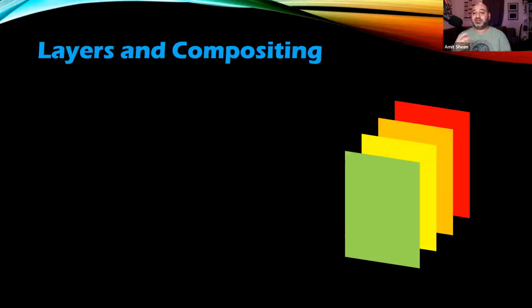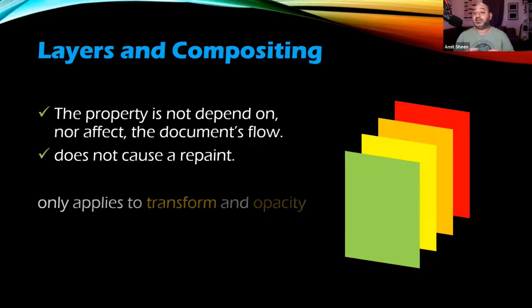That means the only elements that can be on different layers are those whose animated property doesn't depend on or affect the document flow or cost a repaint, which means the only things that can be animated on a different layer, that can be GPU accelerated, are transform and opacity.